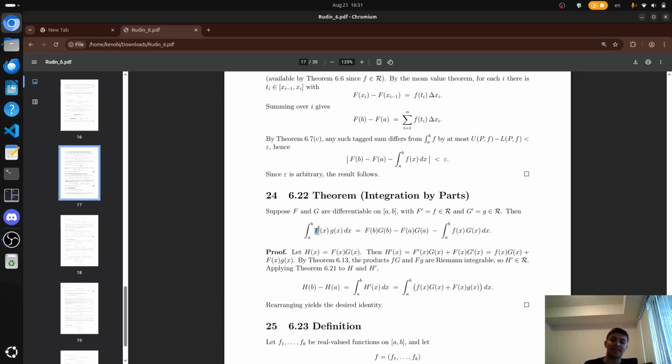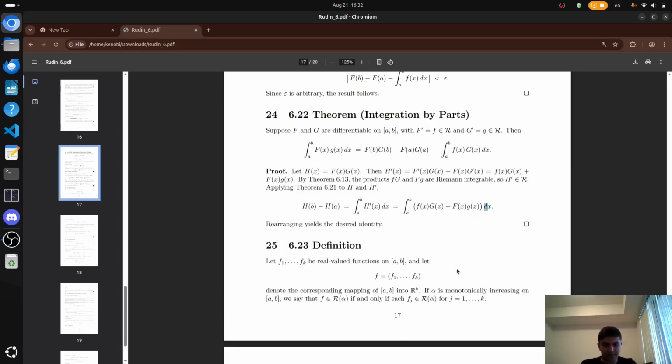So that means that the integral is actually F(x) times G(x), and we apply it on both endpoints, and we're going to get this. And you can just bring that back to the other side, and we're going to get the formula over here, which is basically what is explained over here. So the strategy is to relate it with the product of the two functions and then integrate it.